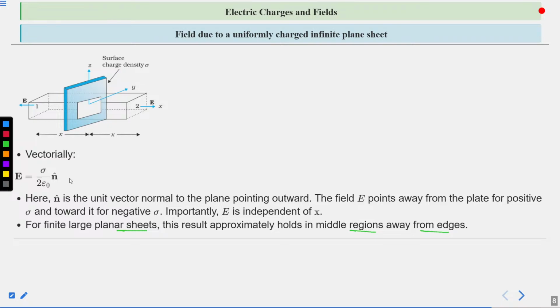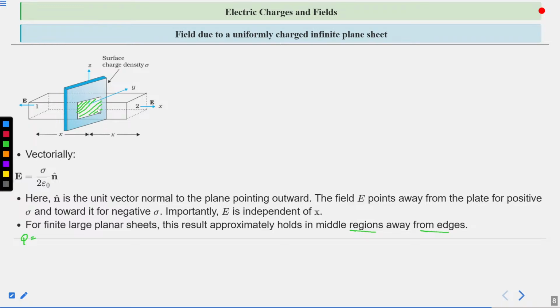Here is one question for you, and this is homework. The question is, if we increase the area of this cross section, what will be the effect on E?